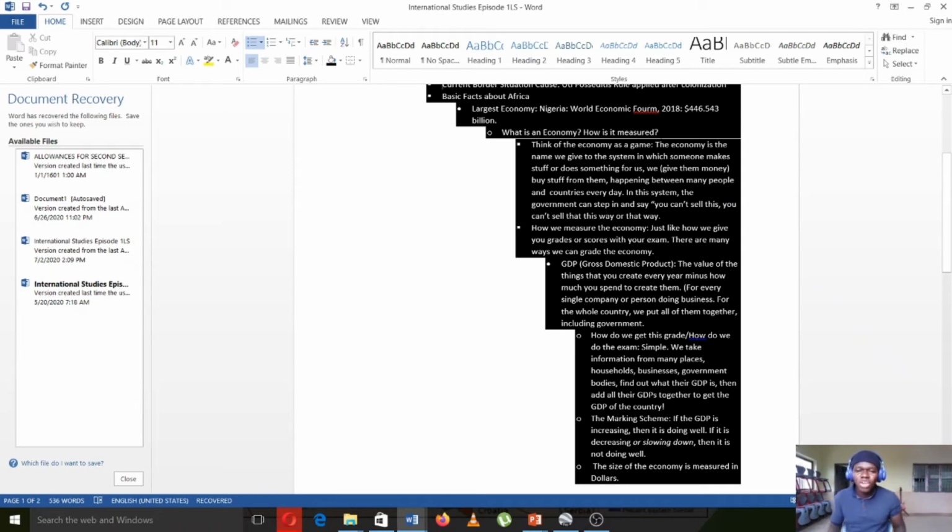Now, what's an economy? Think of it as a game, okay? The economy is the name we give to the system in which people make things or do things for other people. We give them money for the things they make and take the stuff that they've made. You notice everything around you is almost like you bought it from somewhere.